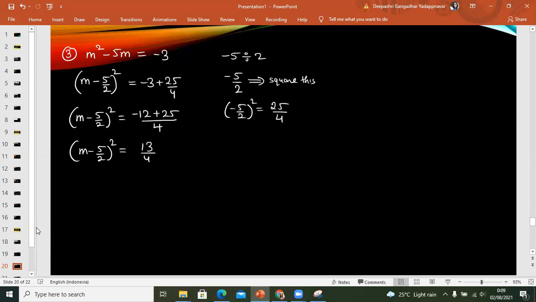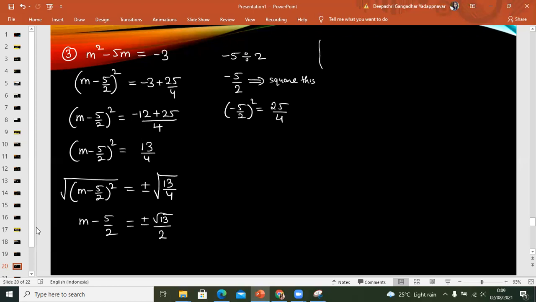Next step, we have to put the square root sign. Square root of (m minus 5 by 2) square equals plus or minus square root of 13 by 4. This square root sign and this 2 will cancel. You will get m minus 5 by 2 equals plus or minus root 13, and the square root of 4, you know the answer is 2.